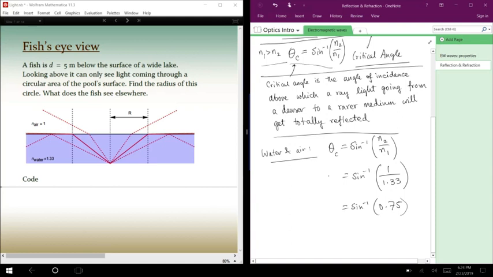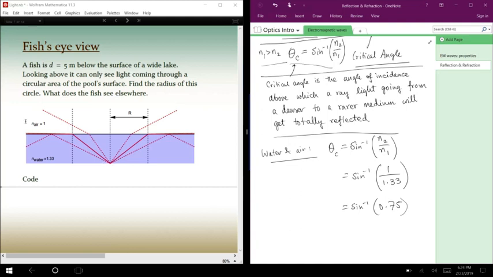So whatever this angle is, this is the angle for which, if the angle of incidence is larger than this angle theta c equals sine inverse of 0.75, then the ray of light is going to get totally reflected. And that's what's going on with this dashed line over here and this dashed line over there. So this naturally gives you a region for which the ray of light would actually reach outside.